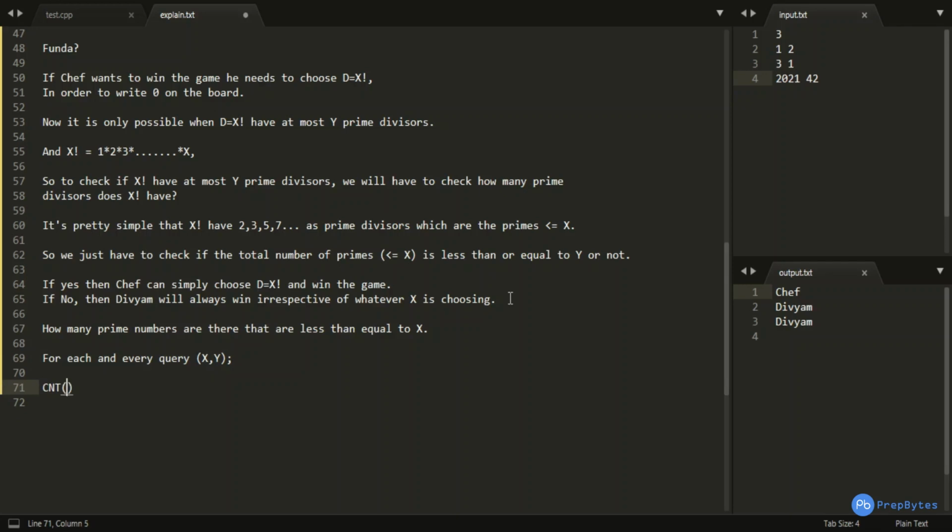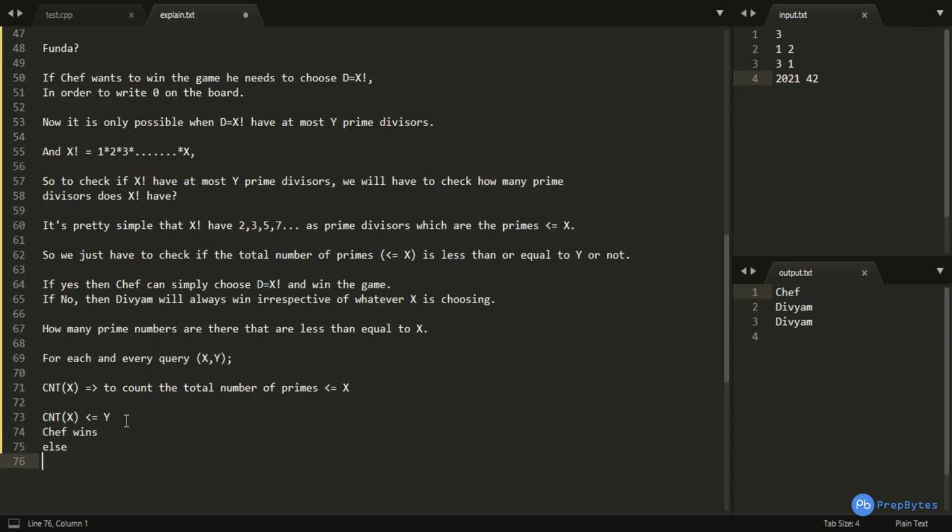The count function would be counting the total number of primes that are less than or equal to x. Okay, and if this count is less than or equal to y, then chef wins.